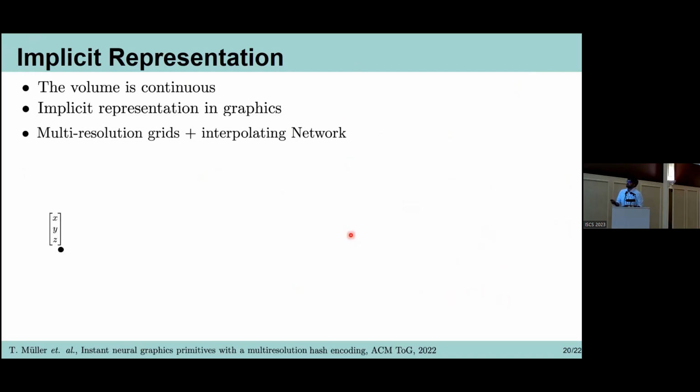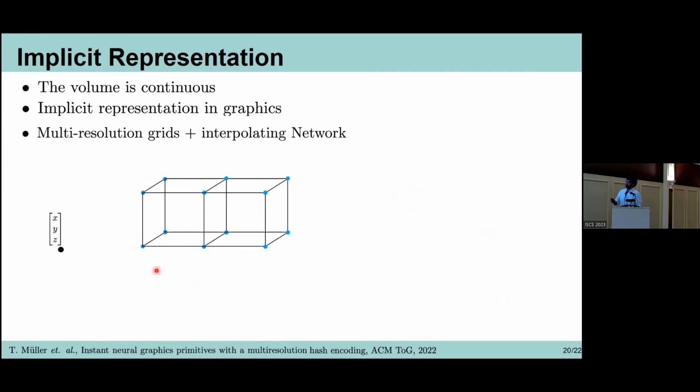The idea is, imagine you have a location XYZ and you want to know the volumetric intensity at this point. You use a trainable feature grid, which could be smaller than the volume voxel intensity itself, and some kind of interpolation, typically bilinear interpolation, to get the feature vector at this point.